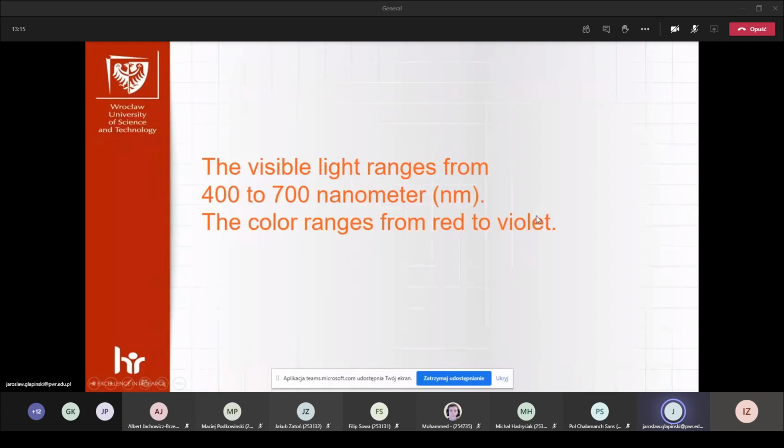Okay, so as I said, visible light ranges from 700 nanometers to 400 nanometers. This is our visible light, what we can see.